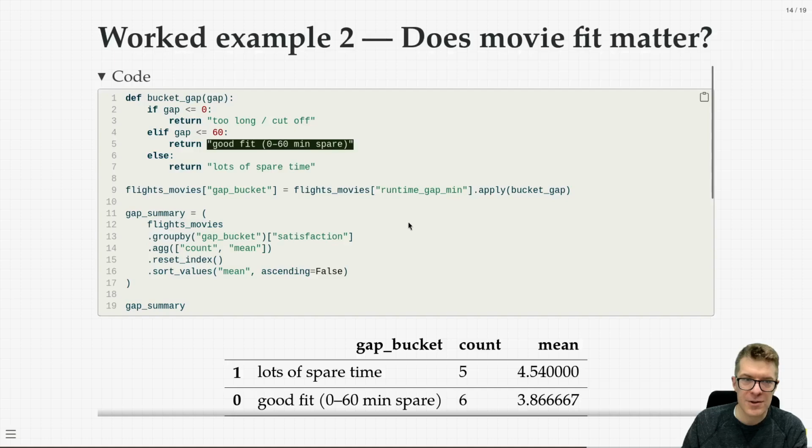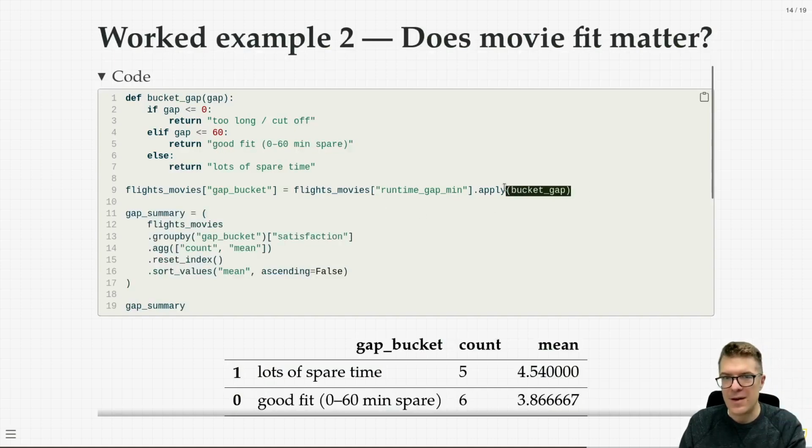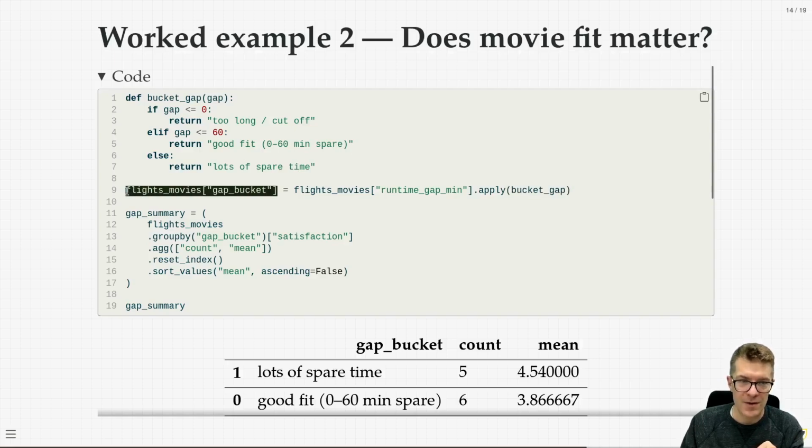This function returns, and for that element of that list of numbers, I'll now have a string associated with it, which is good fit, 0 to 60 minutes spare, which I'm going to store in the first element of a new column in flights movies. That column will have the label gap bucket, and these strings returned for every element in my list will be put into this column.